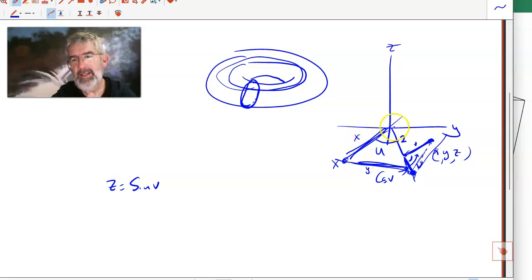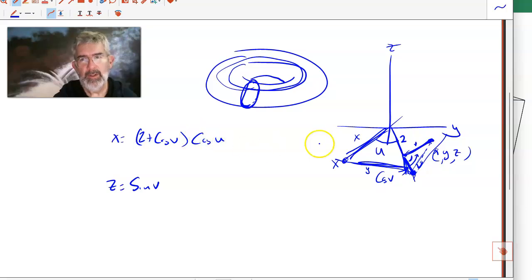And the x is the hypotenuse times the cosine of u. Well, the hypotenuse is 2 plus cosine v, and then I need to multiply by cosine u. The y coordinate here is the hypotenuse times the sine of u.